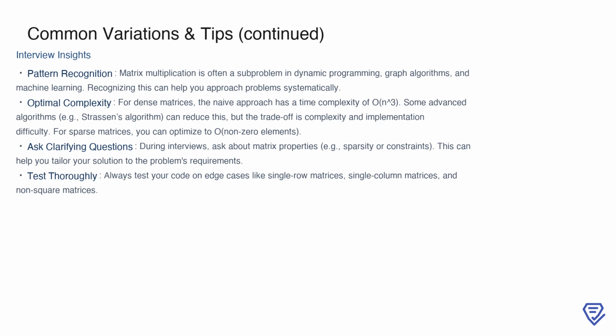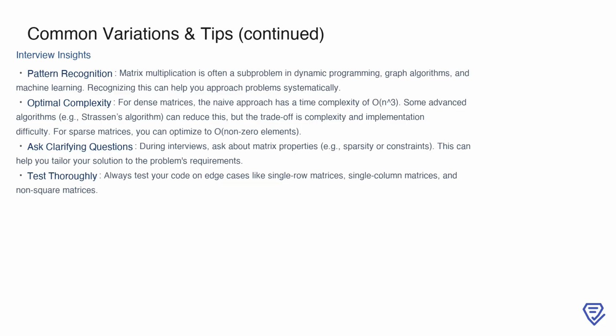Keep in mind, though, that these methods can be challenging to implement and aren't ideal for sparse matrices. When working with sparse matrices, you can optimize to a time complexity proportional to the number of non-zero elements, which is often much faster.